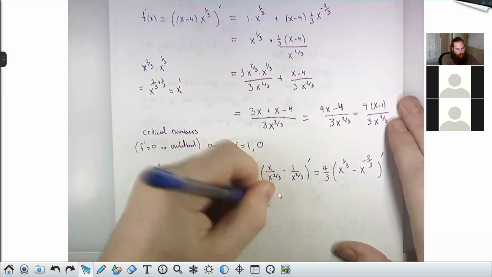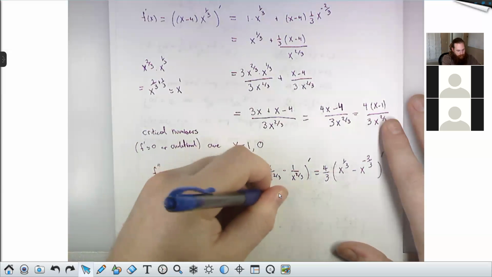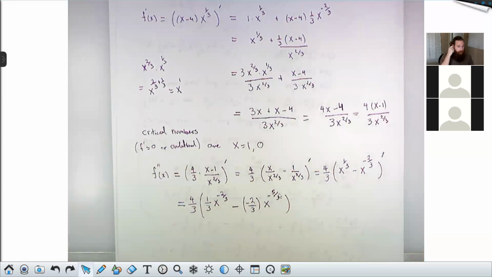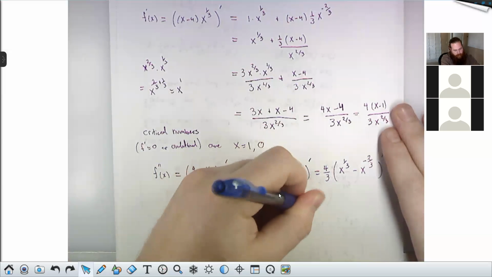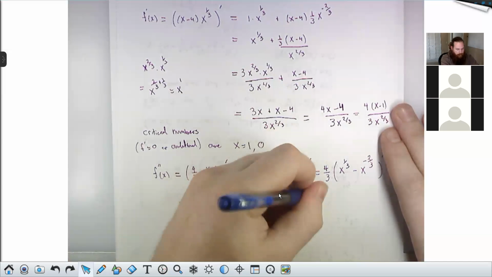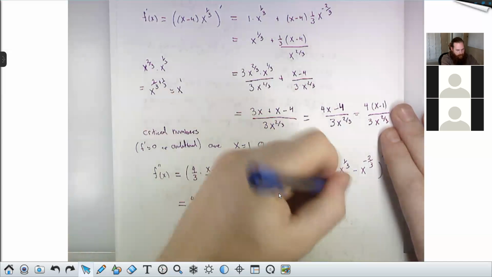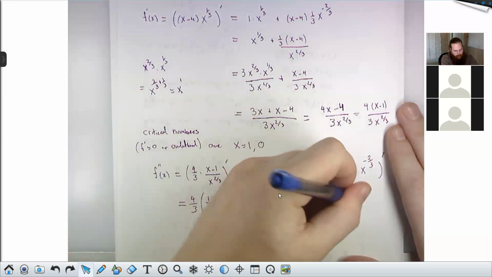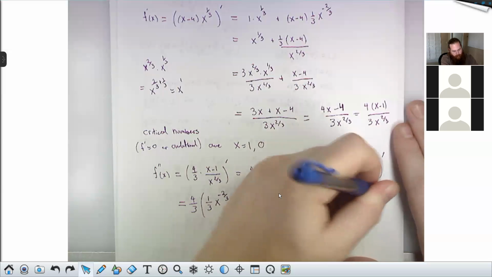And if I subtract 1 from negative 2/3, I get negative 5 over 3. So this is 4/3 times 1/3 x to the negative 2/3 plus 2/3 x to the negative 5/3.